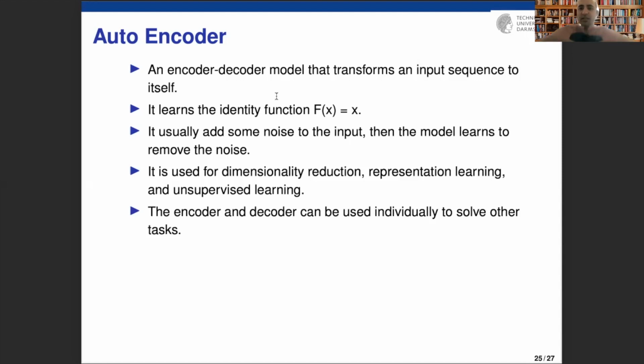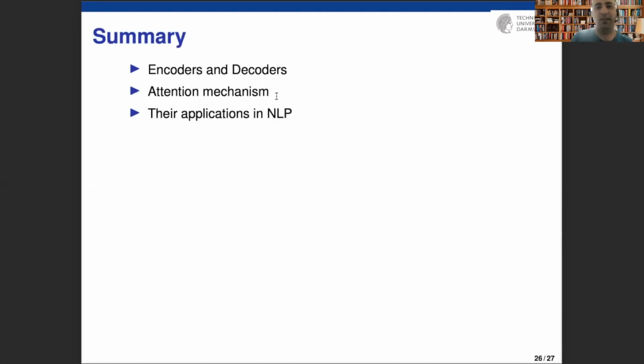When you train this autoencoder to map from one sentence to itself, when you are done with this training, you can separate the model. You can use the decoder for the language modeling part, and you can use the encoder for the language encoding part of the encoder-decoder architecture.